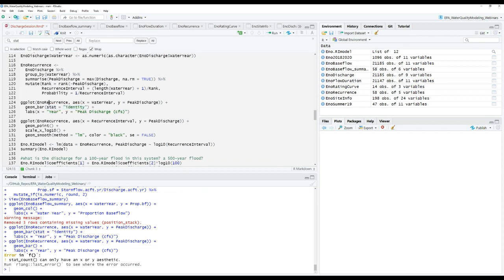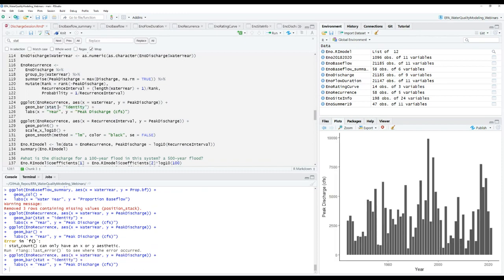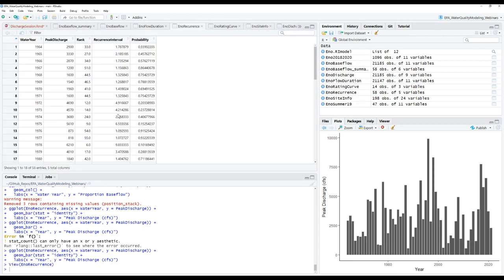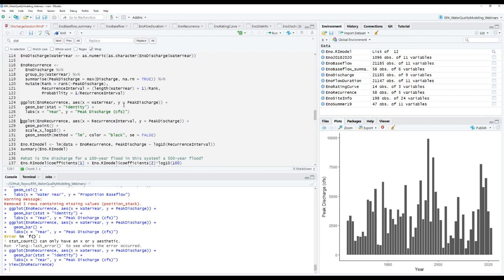So in this case, we actually want R to say, okay, I would like to look at Eno recurrence, and then I want it to actually plot peak discharge as the number in each bar. So that's where you just say, if we're looking at peak discharge, I want R to plot the identity of that specific cell in the data frame as the height of the bar.